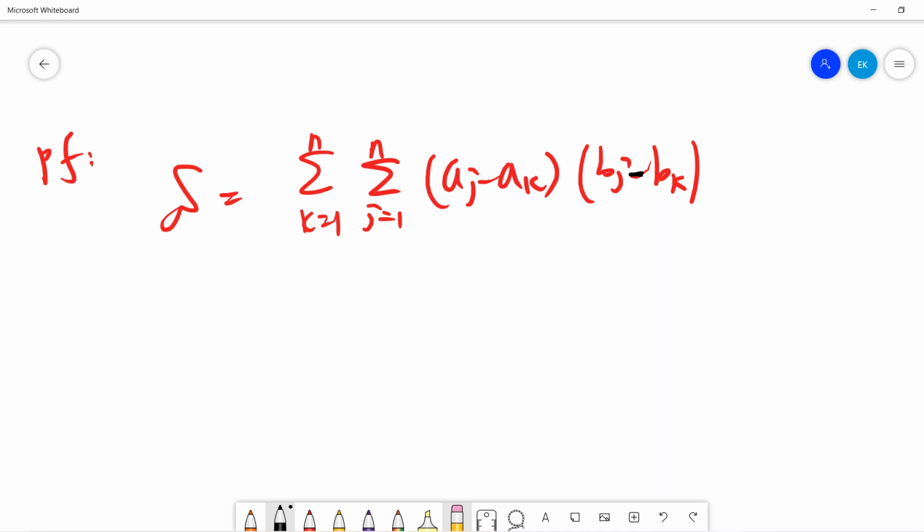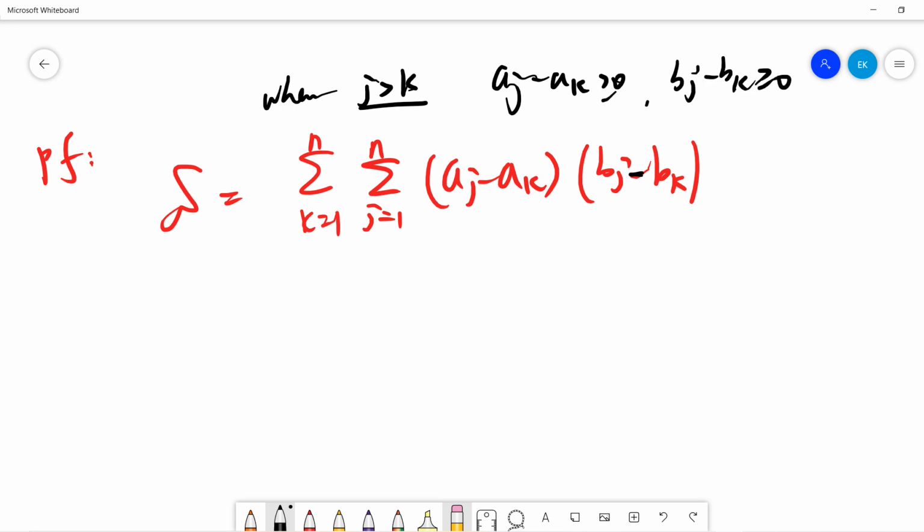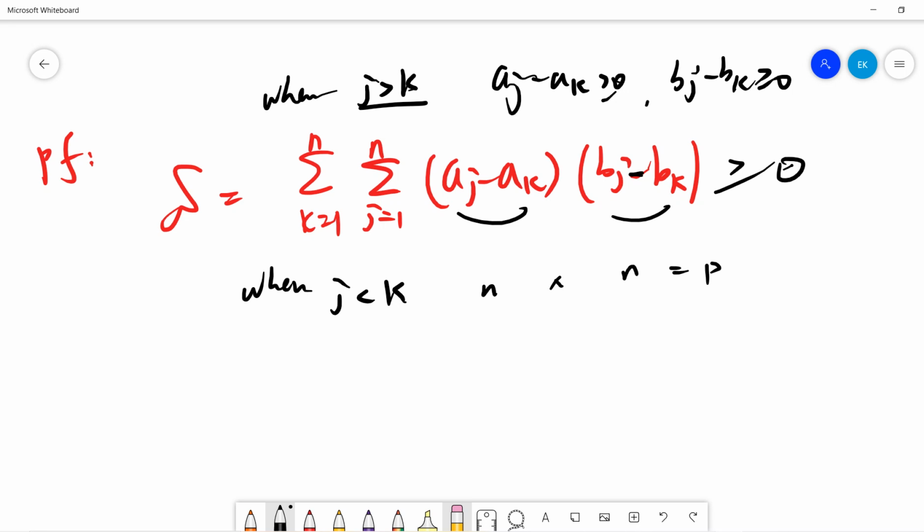When j is greater than k, then aj minus ak is greater than or equal to 0, and bj minus bk is also greater than or equal to 0. And when j is less than k, this term is negative and this term is negative, so negative times negative is still positive. So each term in this S expansion is greater than or equal to 0, which means S is greater than or equal to 0, and we can expand it.